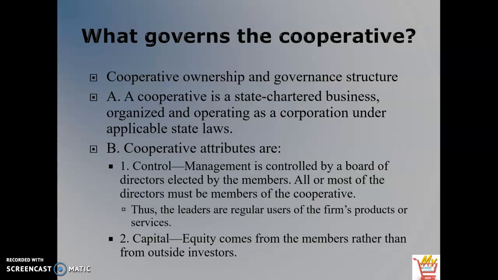The cooperative attributes are that the cooperative must be controlled by a board of directors that is elected by the members. It has to be democratic. There can't be one person calling all the shots. The capital has to come from the members. You can't seek outside investors. You can't sell stock or take on a partner in a cooperative. You have to raise that money from your members.